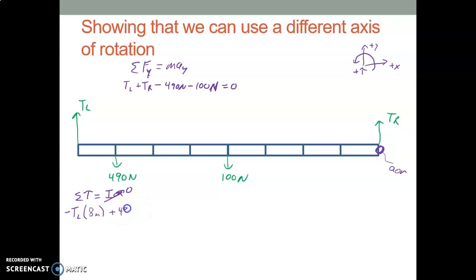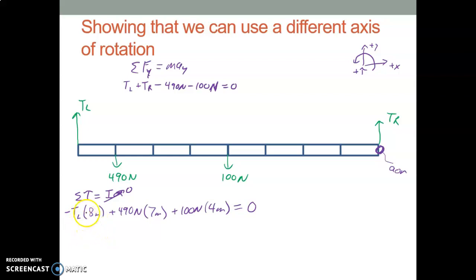Then we've got 490 newtons times how far away from our axis of rotation is it? 1, 2, 3, 4, 5, 6, 7 meters away. And it's going to cause a positive torque. We've got our 100 newton force, and it's 4 meters away. And it's also going to create a positive torque, a counterclockwise torque. And then T sub R is not going to create any torque at all. So we say that's equal to 0.